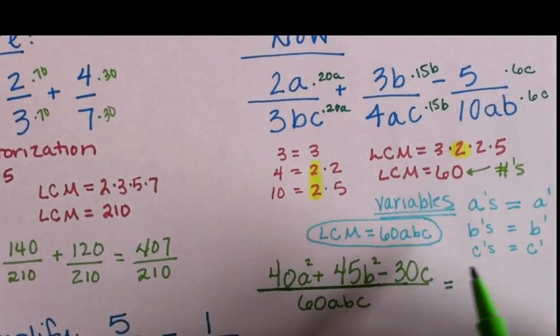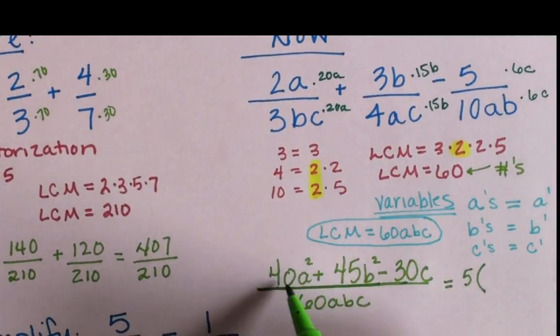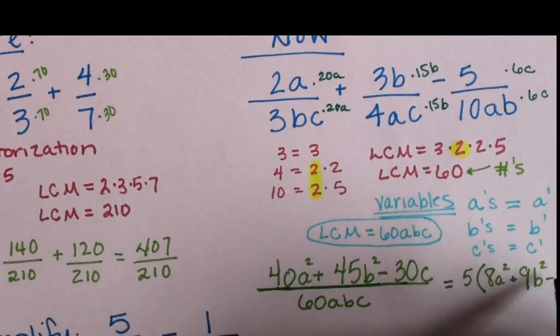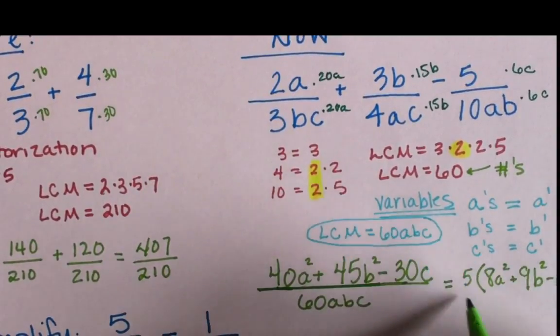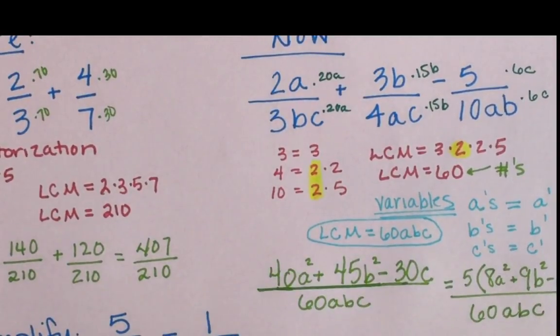So 40, 45, and 30, if I factor out a 5, I end up with 8A squared plus 9B squared minus 6C all over 60ABC. And now my 5 and my 60 can cancel. So always check to see if you can reduce top to bottom.